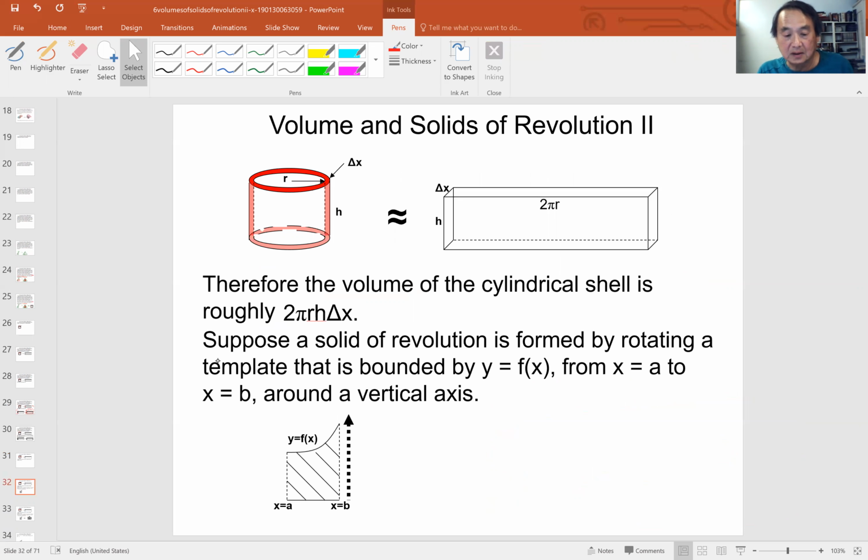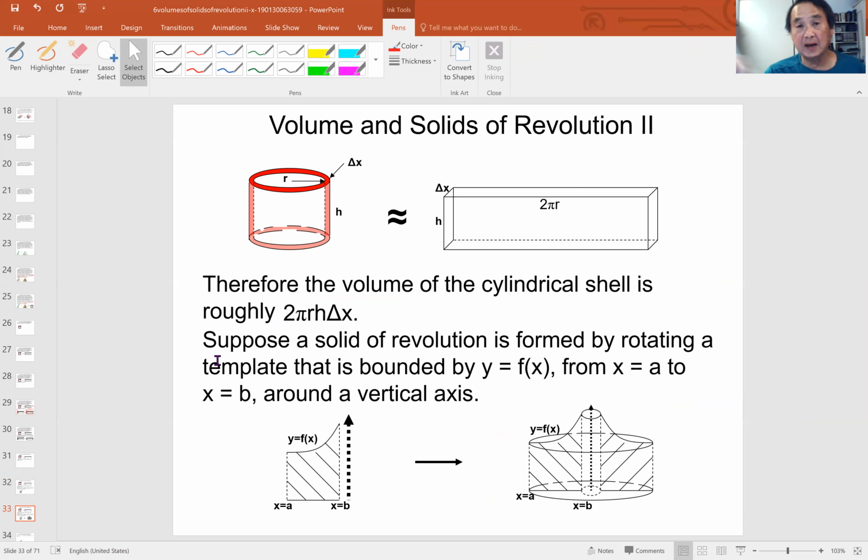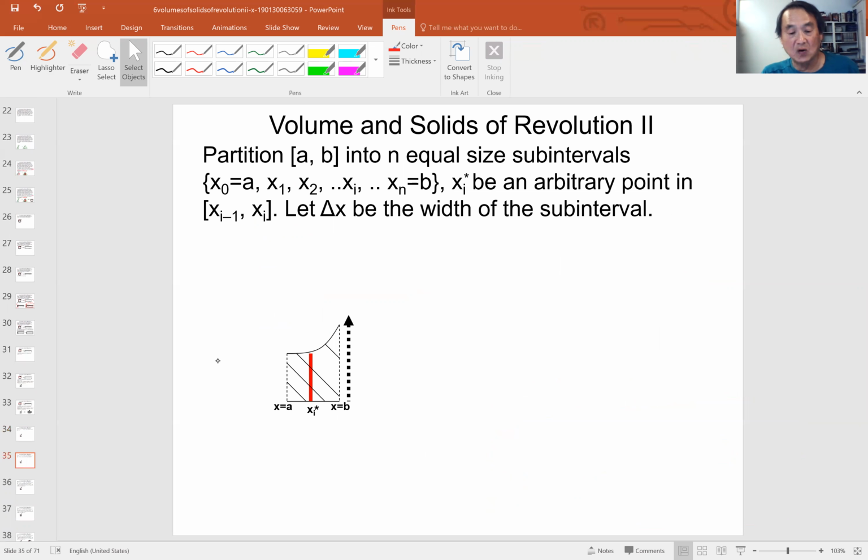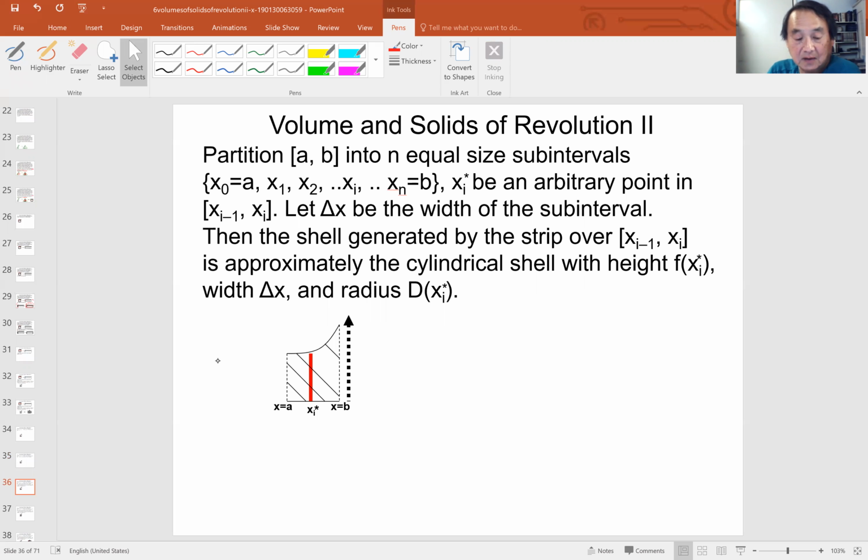So good. And so now suppose I want to follow this particular template here from a to b, a plate that's rotating vertically. I'm going to follow a vertical line in there, and I'm going to write down the formula of the cylinders that it generates.